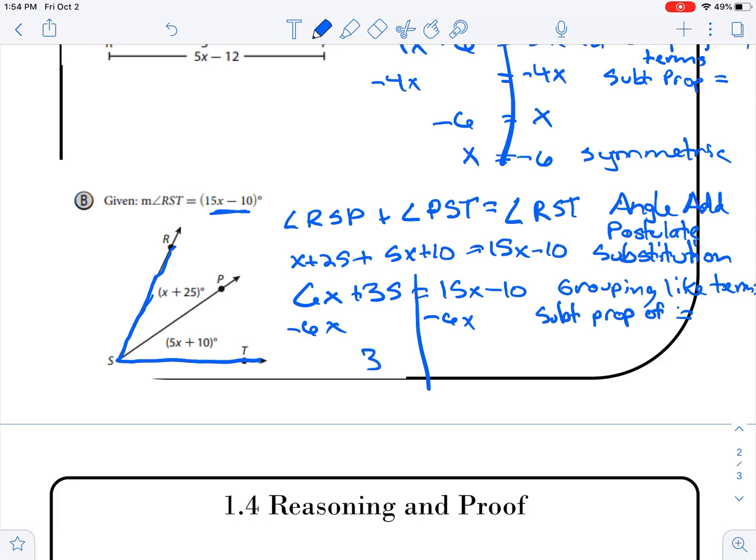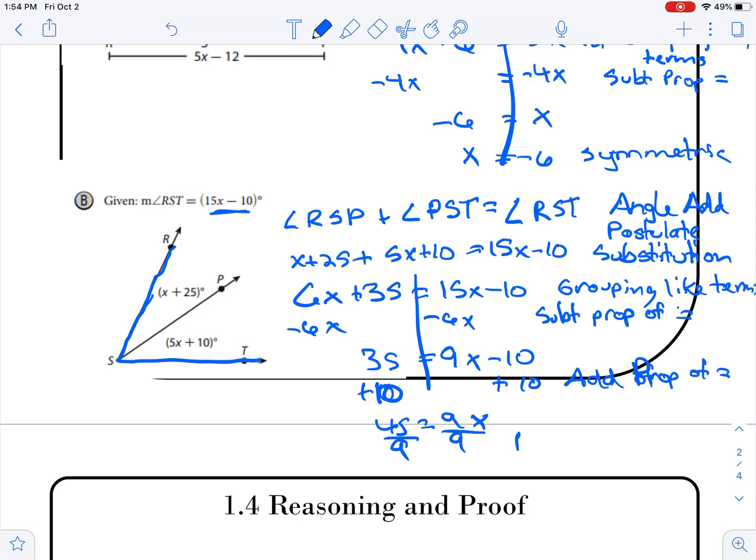And so we would get 35 equals 9x minus 10. So then we add 10 here. And so this would be the addition property of equality. So you get 45 equals 9x, then divide by 9. And so now we just use the division property.